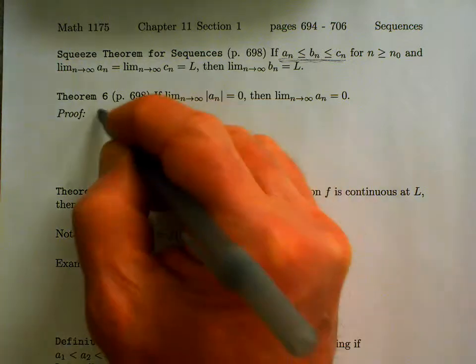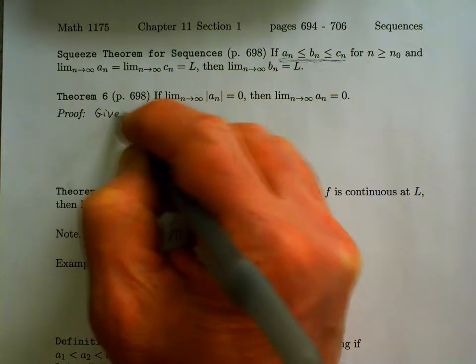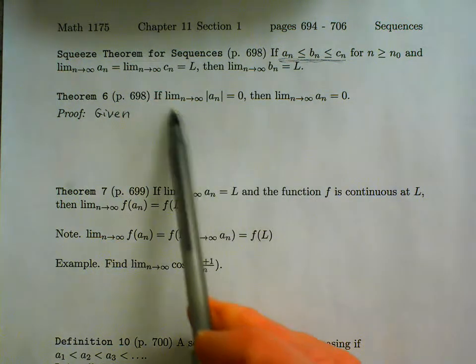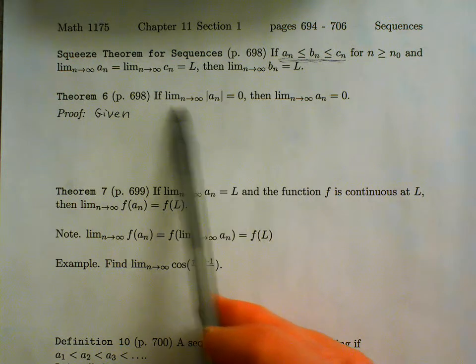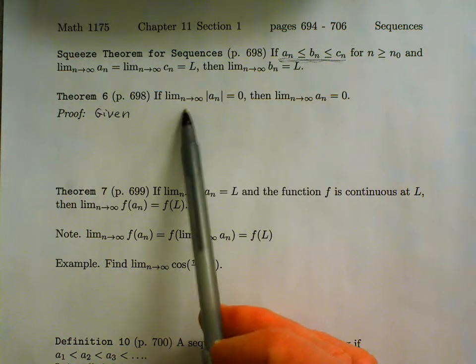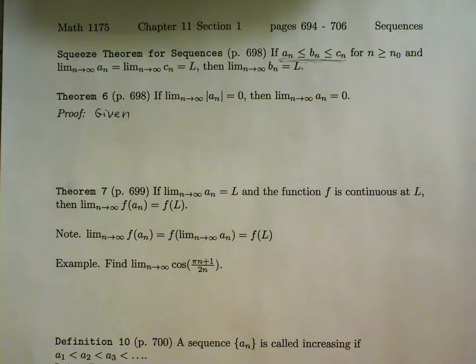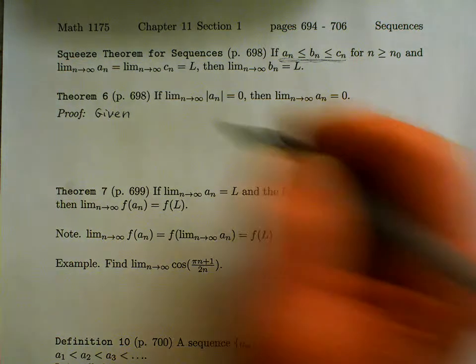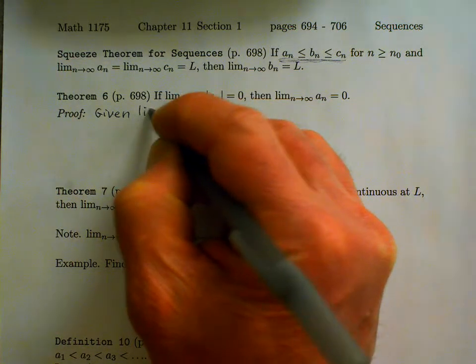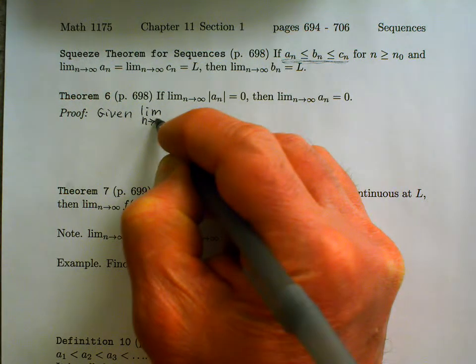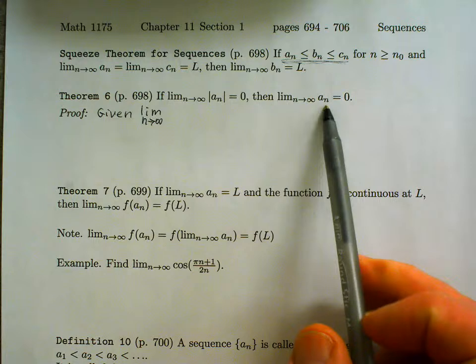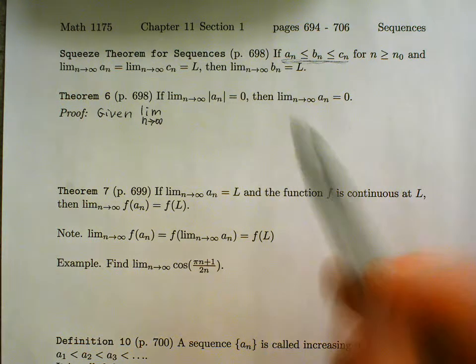We're given what follows if in a conditional statement. The given information is that the limit of the absolute value of a sub n as n approaches infinity is equal to 0. That's the given information, and we're going to use it to prove that the limit of the sequence a sub n is also equal to 0.